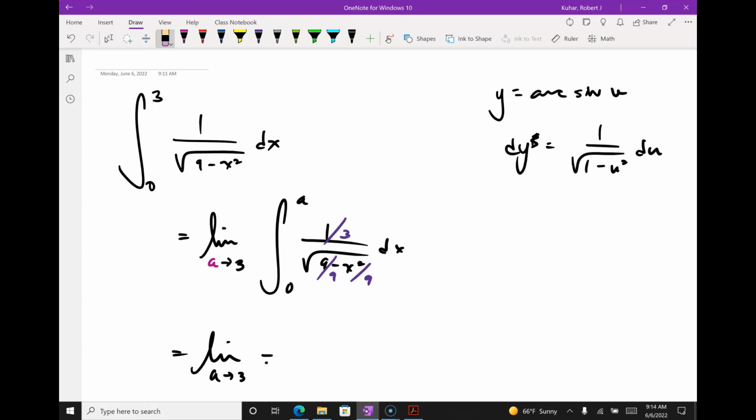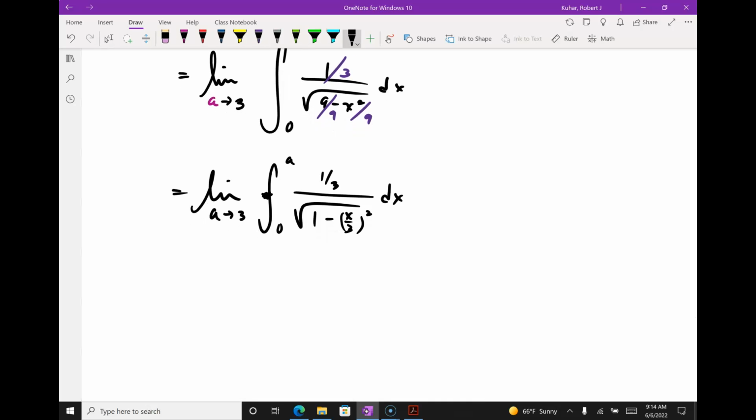So I'm going to leave it there. So I'm doing the limit as a goes to 3 of the arc sine of x over 3 from a to 0.